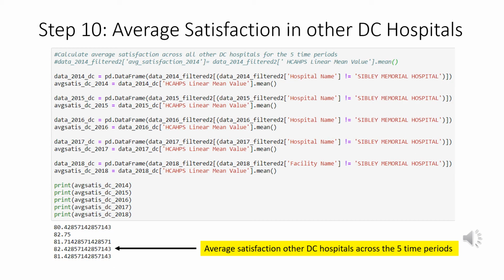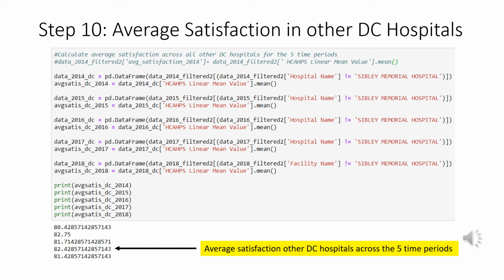We're now going to be calculating the average satisfaction in other DC hospitals. I'm going to use the 2014 DC data frame. And we're using, for example, the data_2014_filtered_to, and that data set has all the hospitals in DC as well as the Sibley Memorial Hospital. So we need to filter out the Sibley Memorial Hospital from that data set.